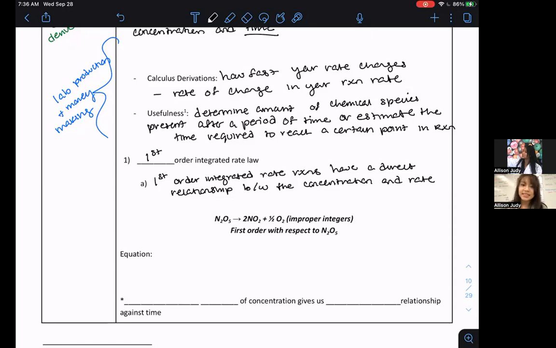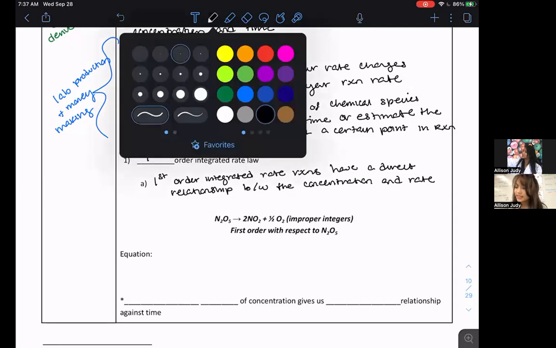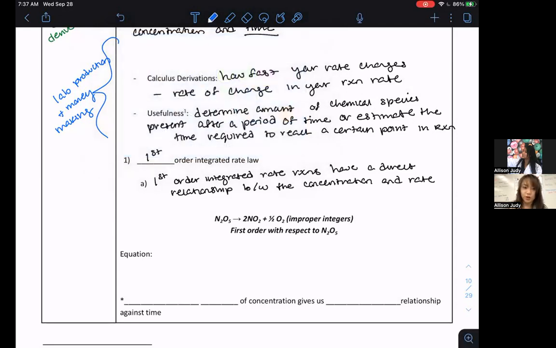So this is an example of a reaction, and what it tells me is that when I derive the first order rate law to get the first order integrated rate law, what I get is the following equation: ln of concentration equals negative K, the rate constant, times time, plus the natural log of the original concentration.